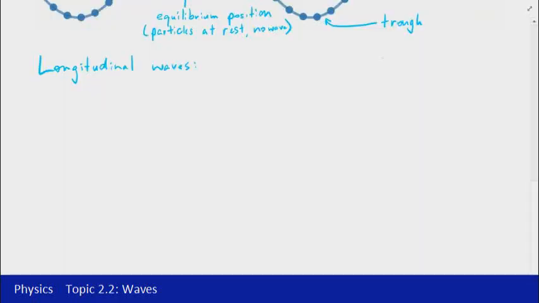So the definition that we can write for longitudinal waves is that the motion of particles in the medium is parallel to the direction of the wave.